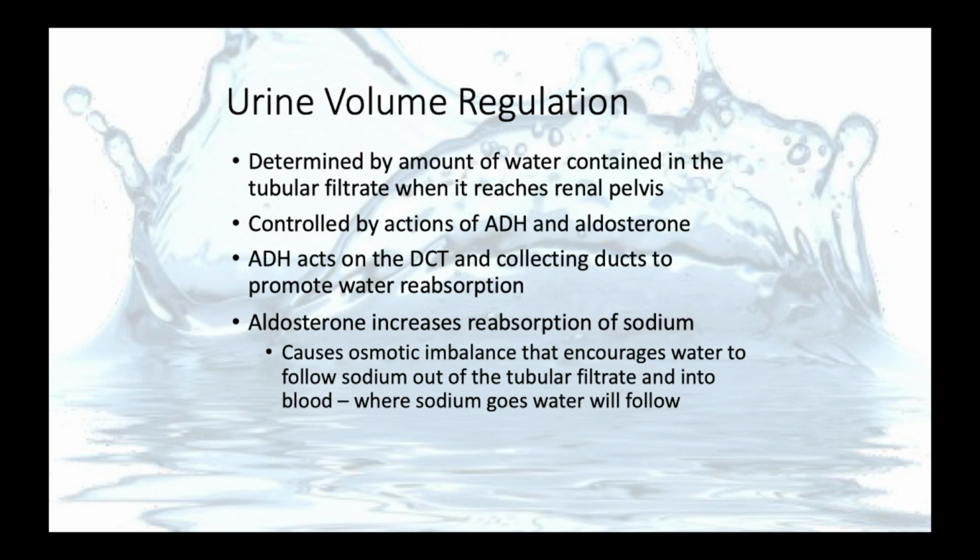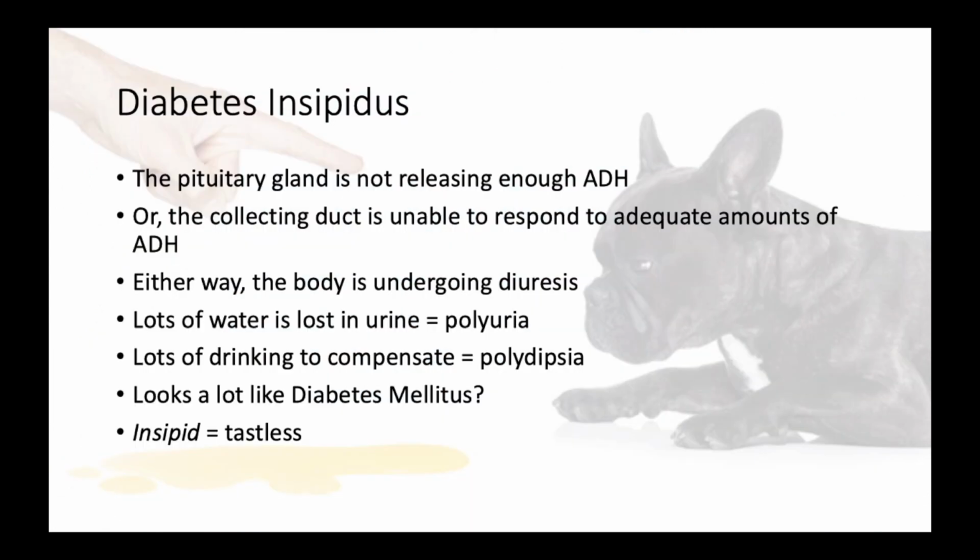Aldosterone increases reabsorption of sodium, and this causes the osmotic imbalance that encourages water to hang on to the sodium. So water, again, has to follow the sodium out of the tubular filtrate and into the blood. Where sodium goes, water will follow. Okay, it's very similar to the glucose drawing water out of the body into the urine. Very similar, where sodium will go, water will follow.